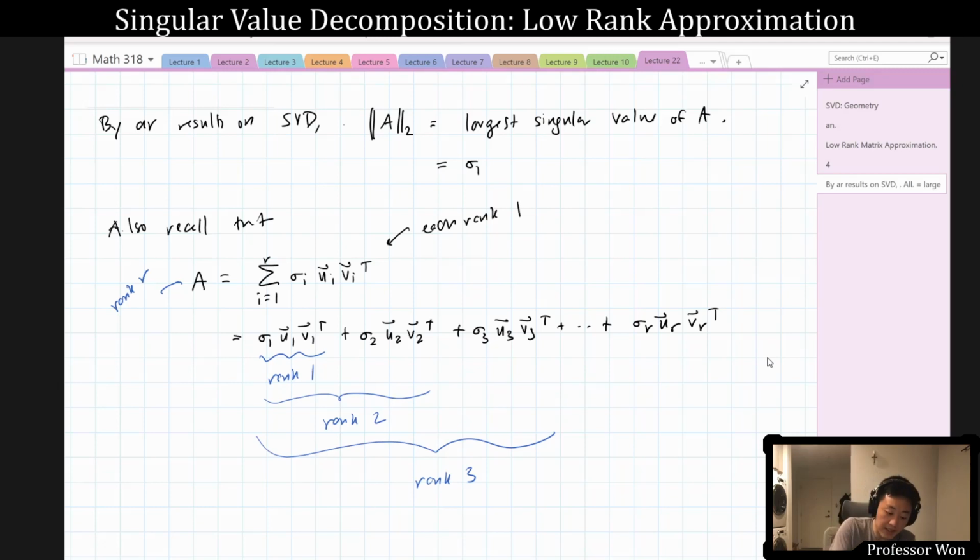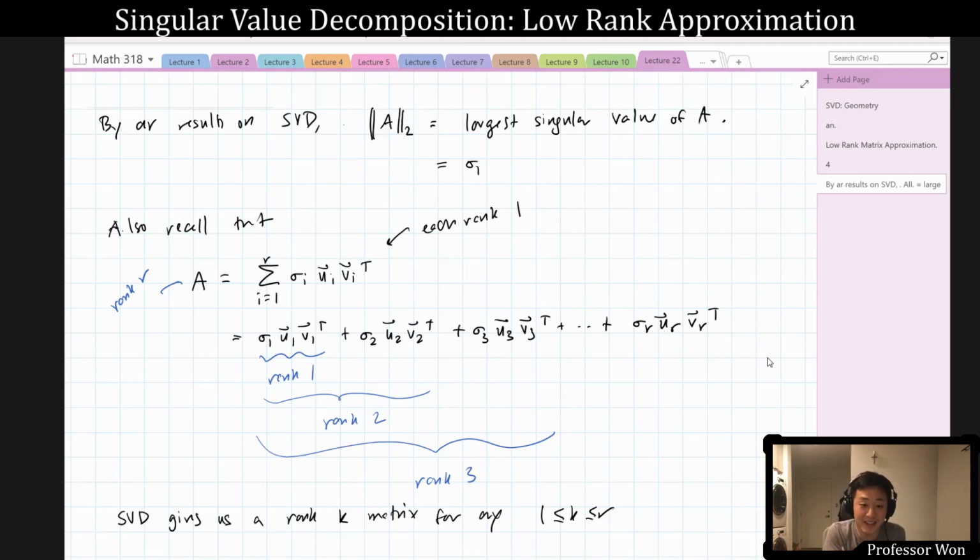And so really the SVD gives us a rank K matrix for any K between 1 and R, and this matrix is somehow related to A. It's built out of, okay, there's other ways to do it. I could also start from the back.